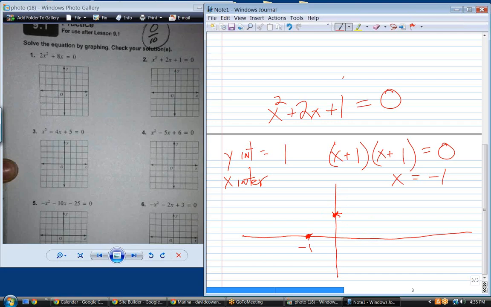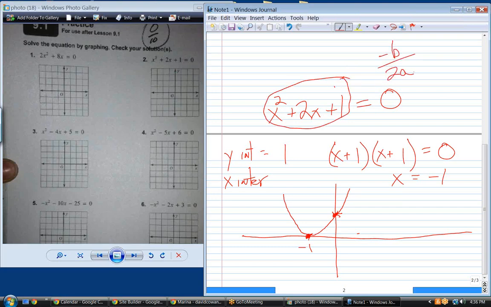It has to graph like this. And if I solve for my vertex based on minus b over 2a, I get minus 2 over 2, negative 1, so I know that is the vertex.